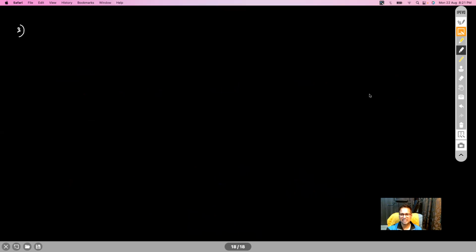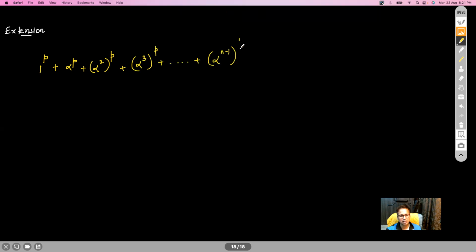In fact, I should say it is an extension of the previous property. If I start raising all the nth roots of unity to a power of p, like this, then note down this result will be 0 if p is not a multiple of n.